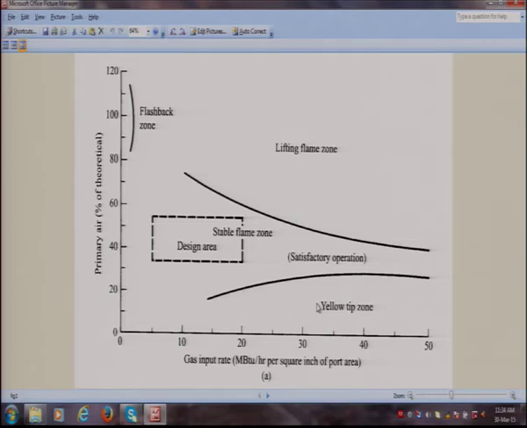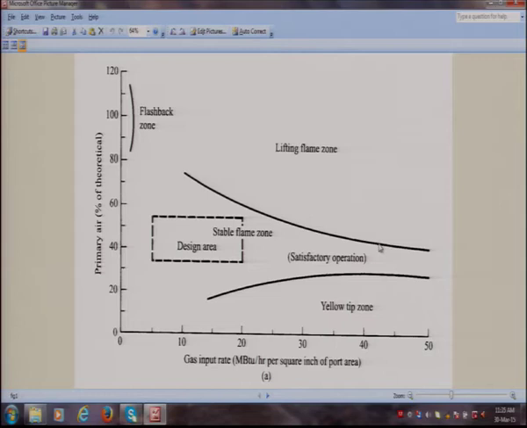So looking at all these, if you have made the burner, if you have done some experiments, there is some information available to you, you are the combustion engineer, you are the designer, then you can get this particular stability plot, and it tells you that you have to avoid flashback, you have to avoid the lifting flame zone, and you have to avoid the yellow tip zone. So ultimately you have to be between these two lines primarily, and this is a good area because then the stability zone is wider.